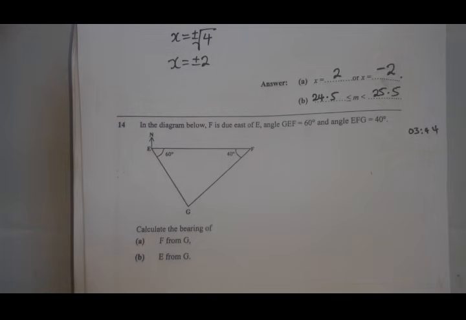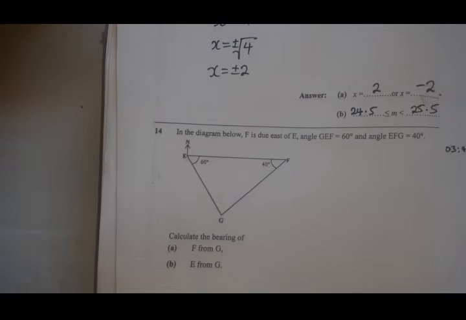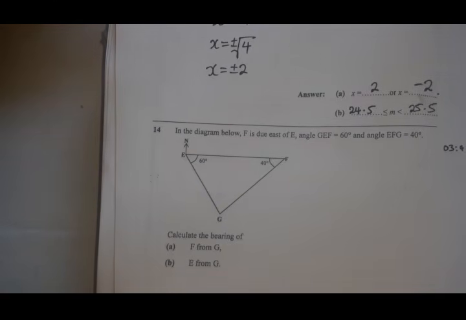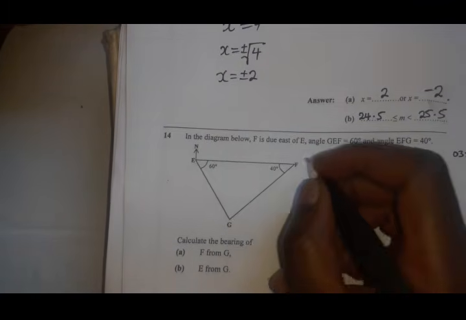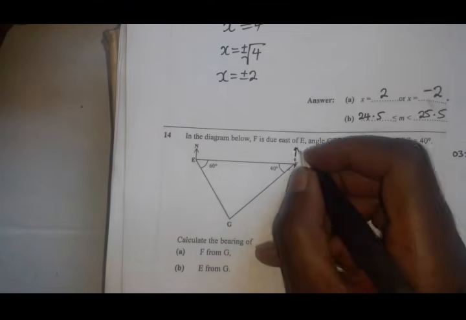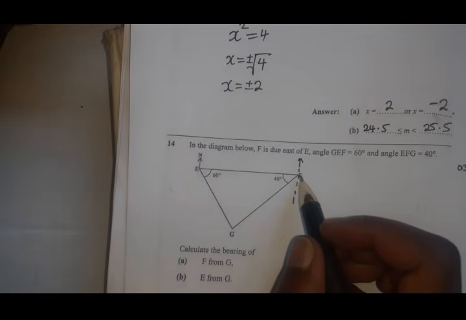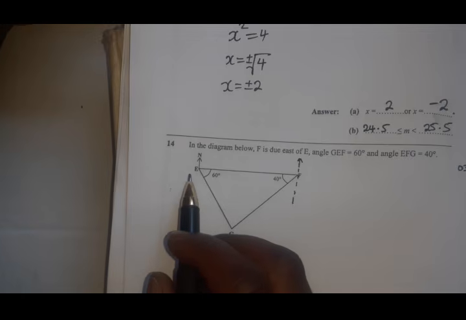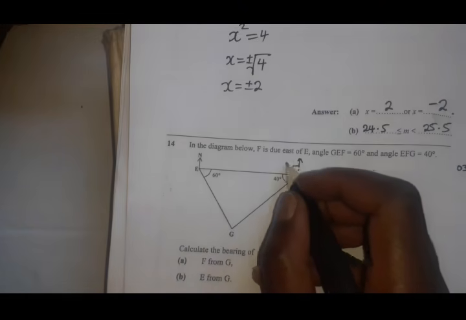Okay, so what we are supposed to do first of all here is that let's try to find these angles that could be missing so that we don't make mistakes. So if we can have a north here, since we are told that this F is due east of E, then this is 90 degrees here.